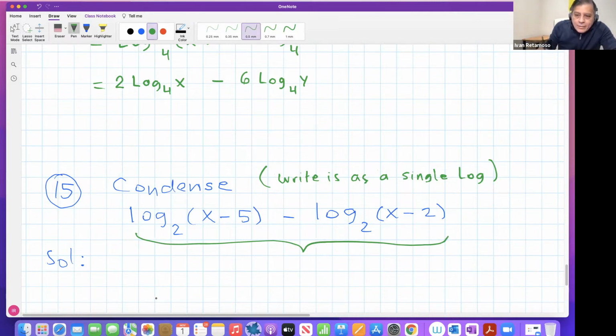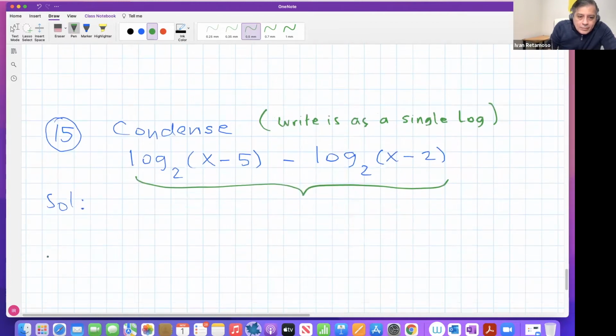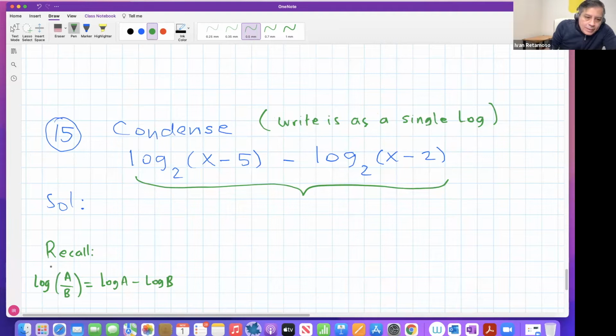Well, you think of the quotient rule and apply it backwards. Recall that for the quotient rule, this is true: log of a over b is equal to log of a minus log of b. Here I have the difference, so I can write this as the log of the quotient of these two. This one will play the role of a, this one will play the role of b.